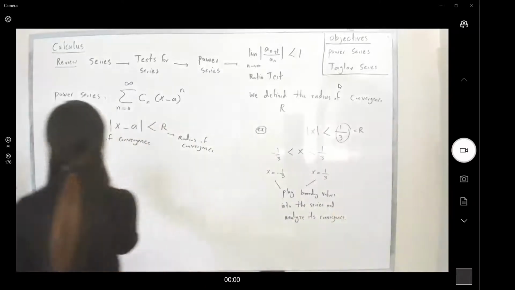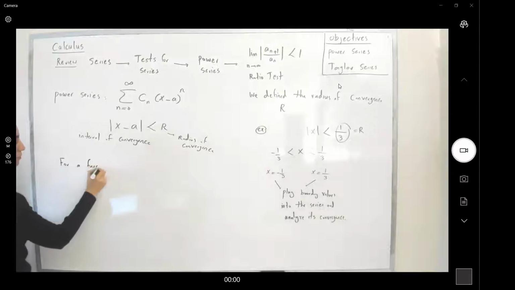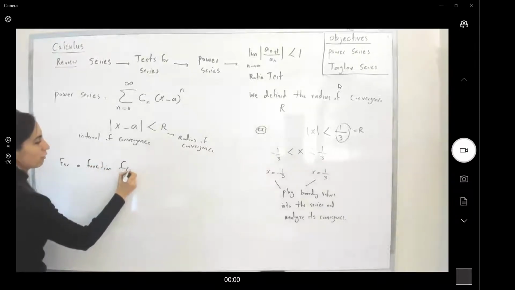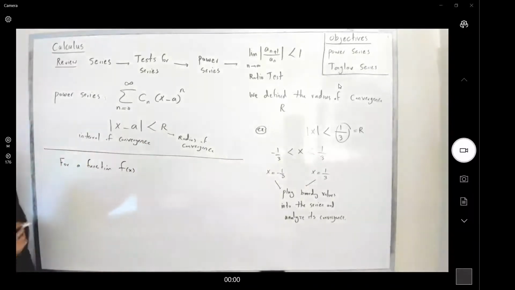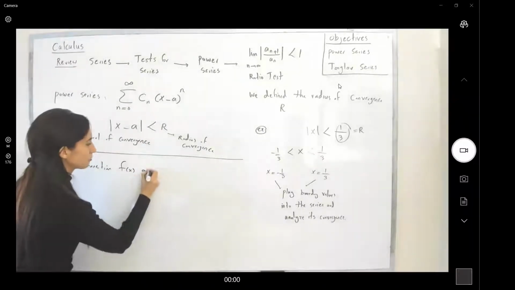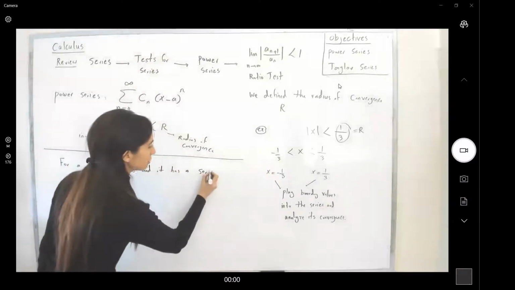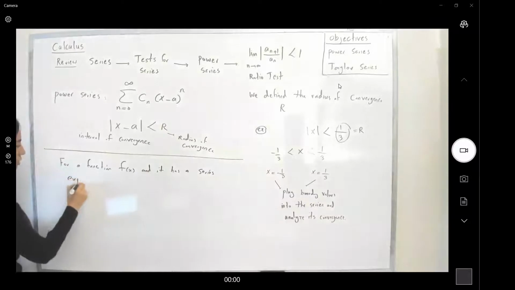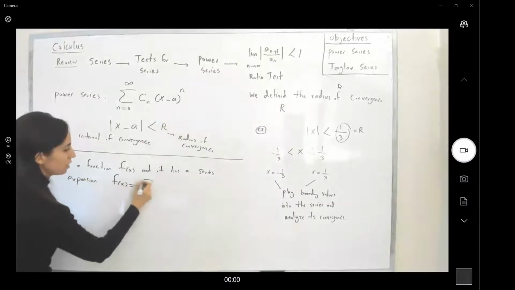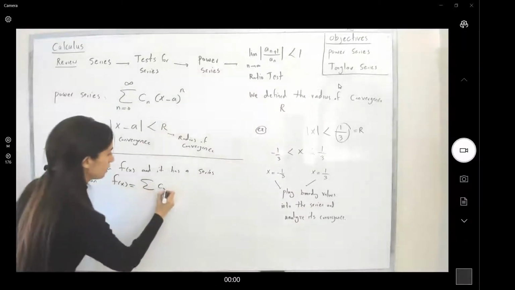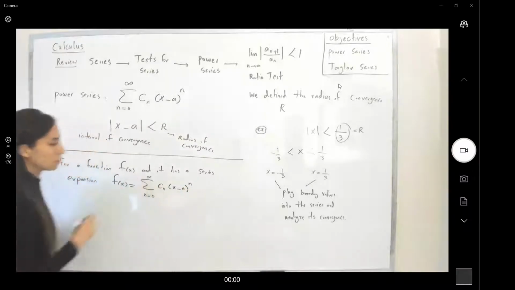Well, we also said that, hey, for a function like f of x, if we have a function like f of x, and it has a series expansion like this, f of x equals the sum Cn (x minus a) to the power n, starts from 0 to infinity.